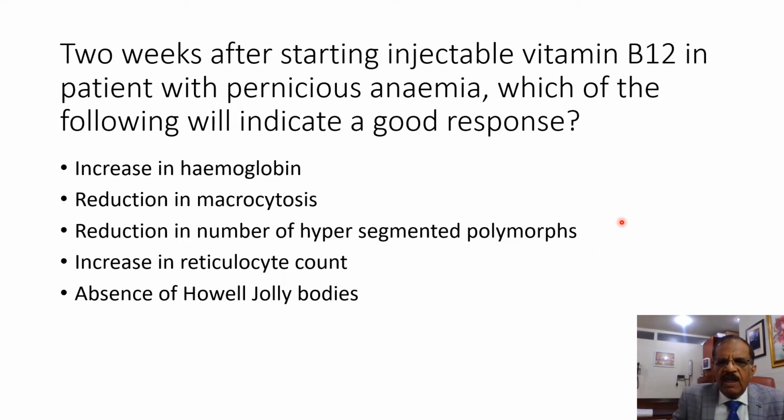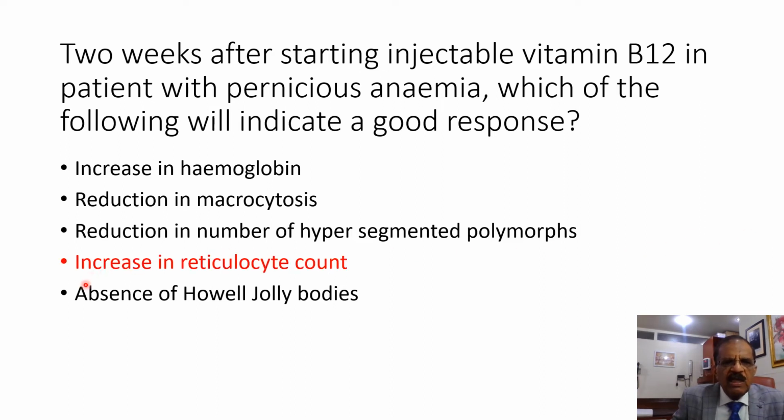If you are treating correctly, then of course you expect improvement in hemoglobin, reduction in macrocytosis, and reduction in hypersegmented polymorphs, but all these are going to take time. Howell-Jolly body disappearance will also take time. Since this is 2 weeks only, I think the answer should be clear.